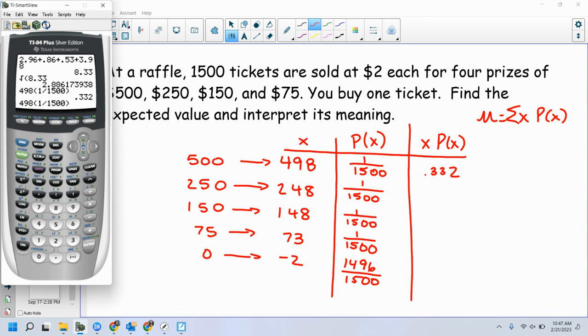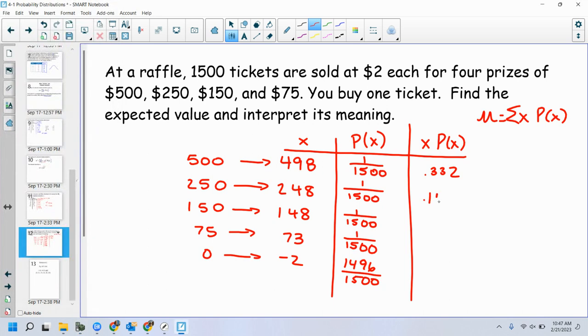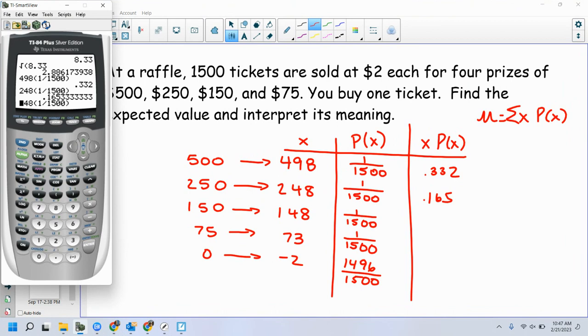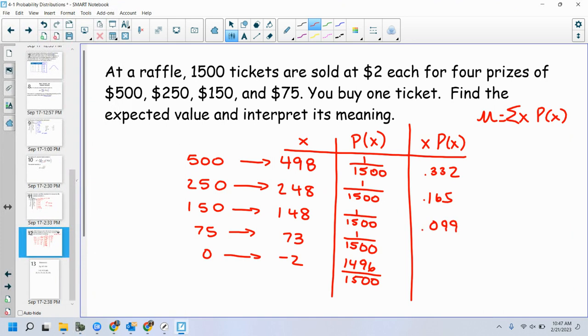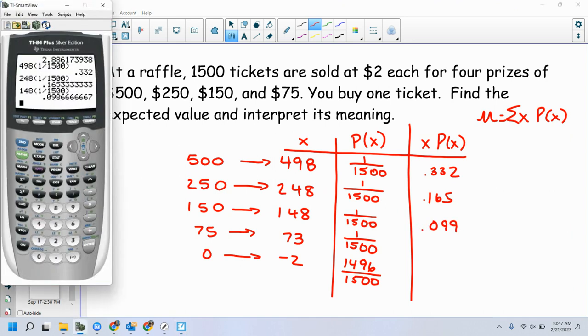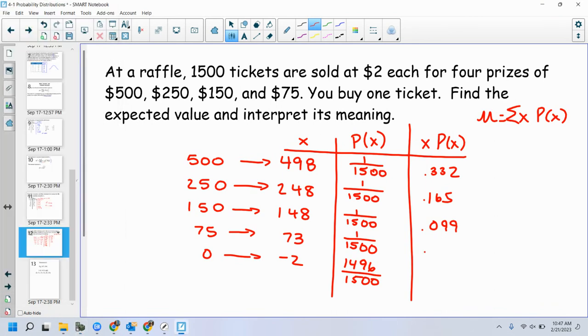Same thing, but now 248. 0.165. Same thing, but now 148. 0.099. Same thing, but now 73. 0.049.